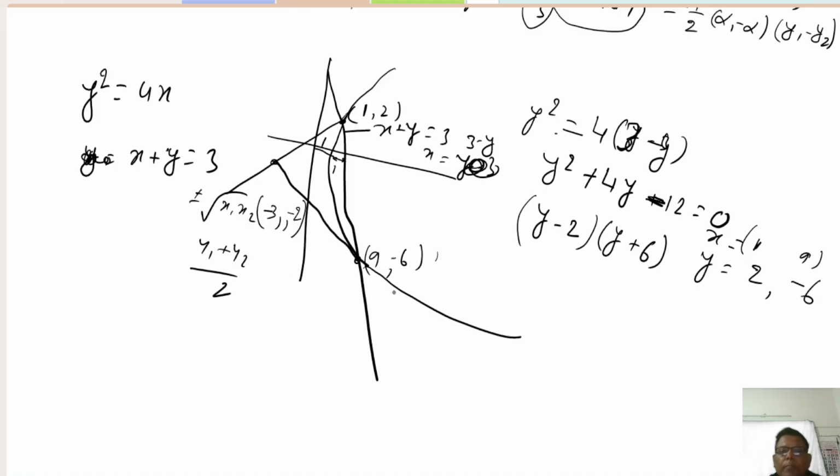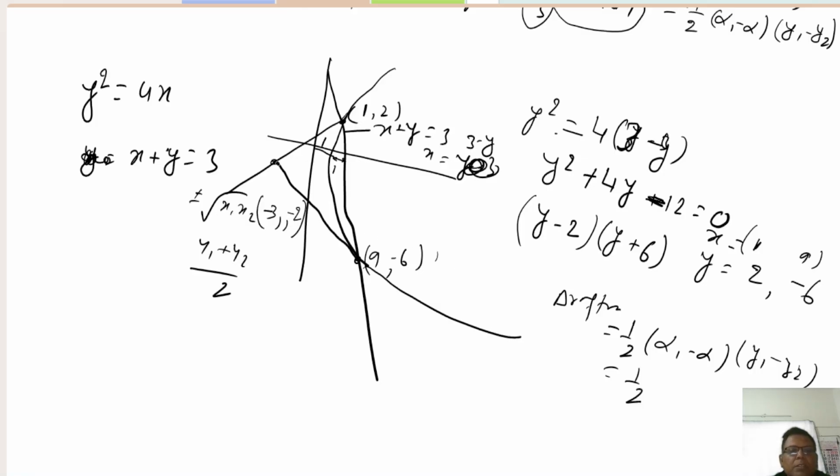Now calculate the area of the triangle. Area of the triangle is half into alpha 1 minus alpha and y1 minus y2. So first you will have to find alpha 1 also. Here the y value is minus 2 only.